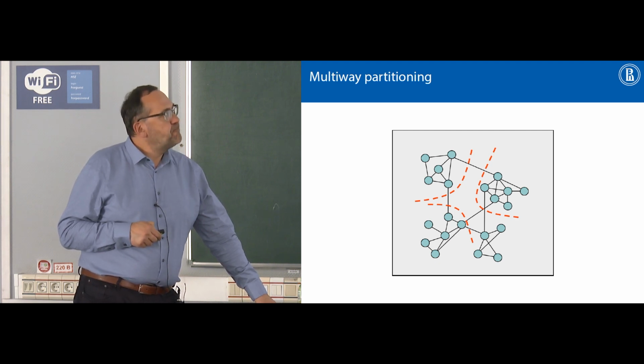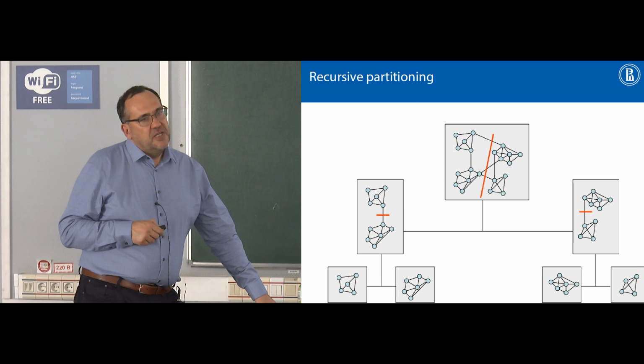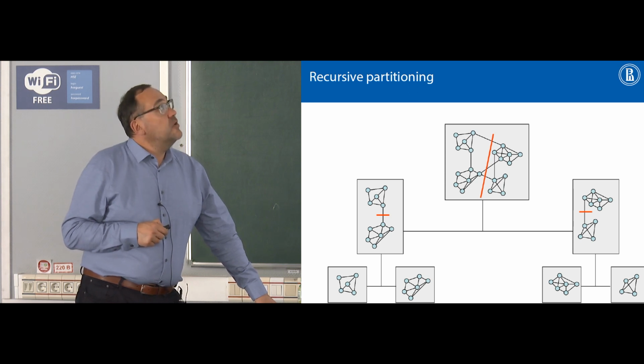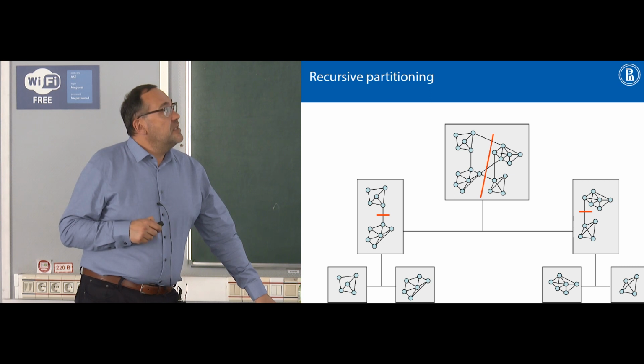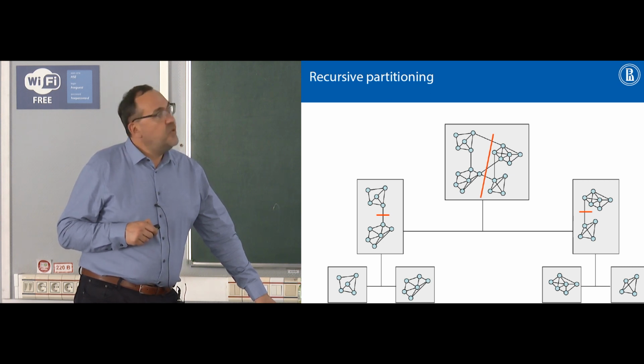If you try to cut out more clusters than are naturally in the graph, well, you'll get not so good communities. Another approach, which is very popular, is the divide and conquer approach, or recursive partitioning, where you can take a graph and split it into pieces, right? By, for example, removing those edges or some other way. And then you take each of the pieces and start working on each of them independently. Let's, for example, split it here.